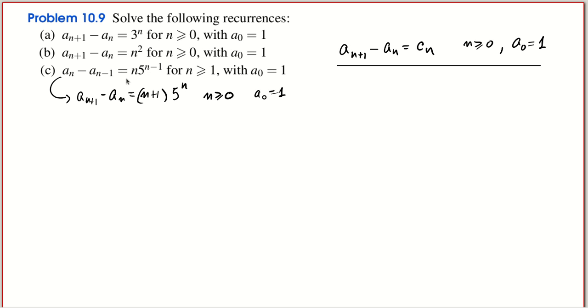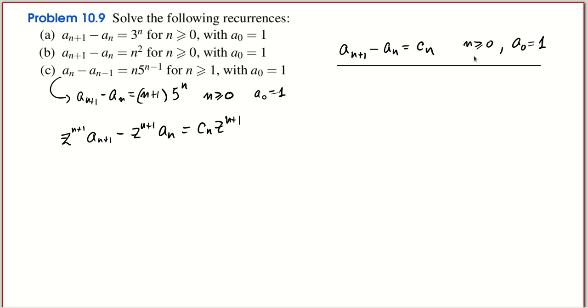The standard procedure is that n plus 1 is the highest index that you have here, so you multiply the whole equation by z to the n plus 1. That gives z^(n+1) a_(n+1) minus z^(n+1) a_n equal to c_n z^(n+1).